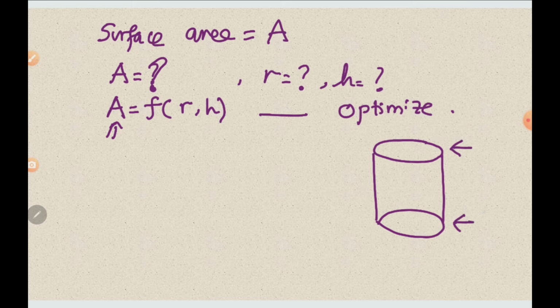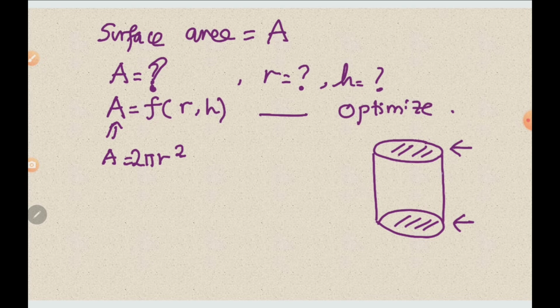So what is the surface area of the circles at the top and bottom? The area is pi r squared, and we have two circles, so you put 2 in front: 2 pi r squared.